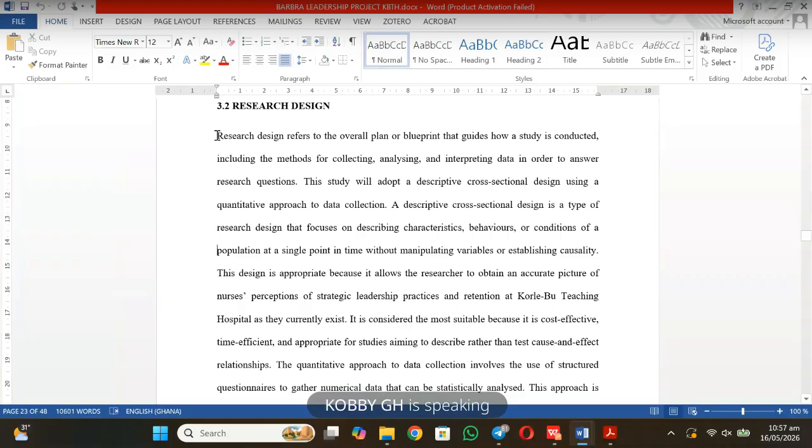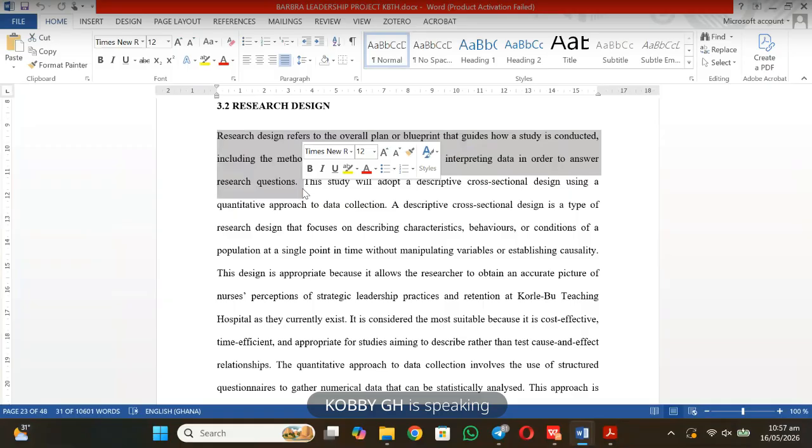Now, the first sentence, you write the definition. You define research design. You see here, they've given a definition. You can pick the definition from the slide. You can also pick it from a textbook in the library, or from a good source online. It depends on your group or the person who is doing the research.